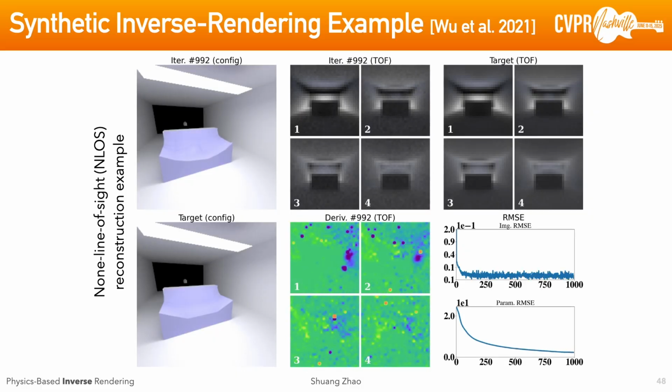Of course, this is still a very toy case, but we expect adopting this type of technology to solve even more challenging inverse problems, which can sometimes be considered not possible, for example, in non-line-of-sight configurations. Okay, so yeah, that's about it.